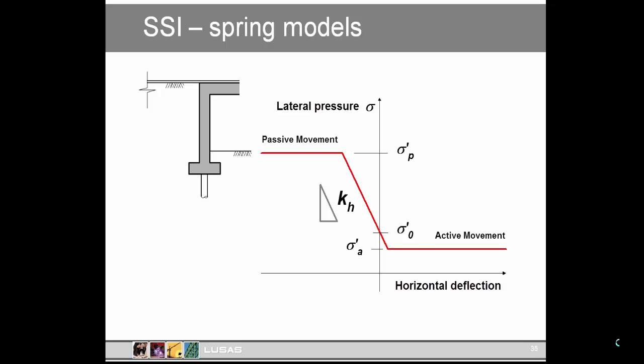They have a stiffness, KH, which is the horizontal modulus of subgrade reaction. Critically, joints like these need to be preloaded with initial stress. They need to start out with an at-rest pressure, and then they can behave appropriately based on the movement of the wall, reflecting the strain in the soil.